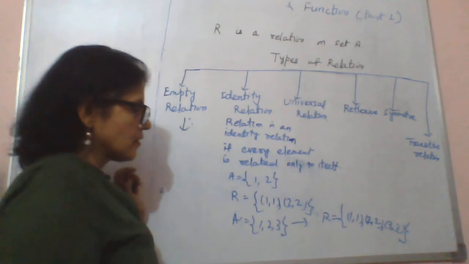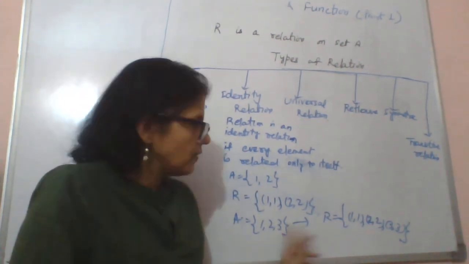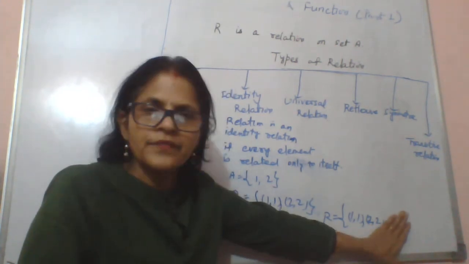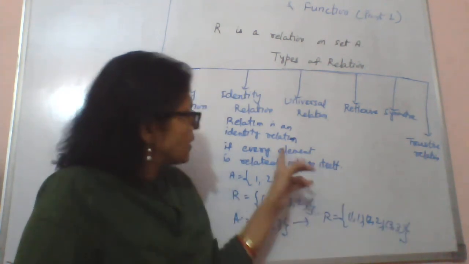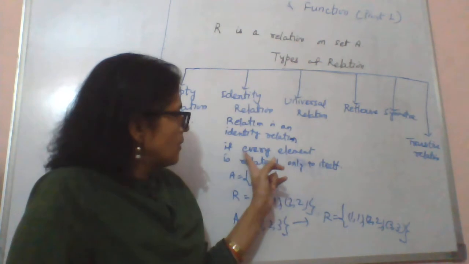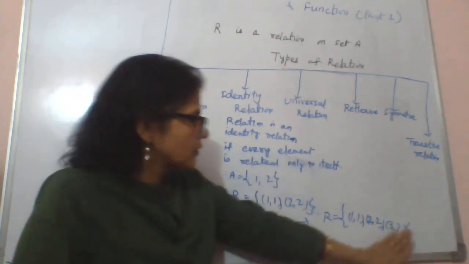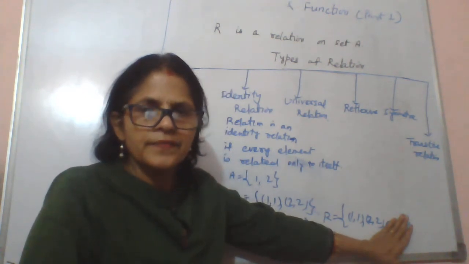And in case I take the relation on this set A containing 1, 2, 3, if I take only (1, 1), (2, 2), but I do not take (3, 3), it cannot be an identity relation. Basically the relation is identity relation if every element is related to itself; if we exclude 3, then every element is not being taken, right?